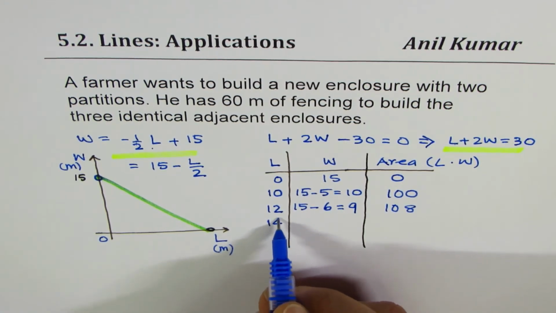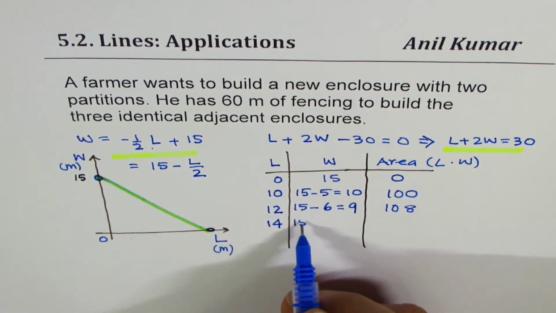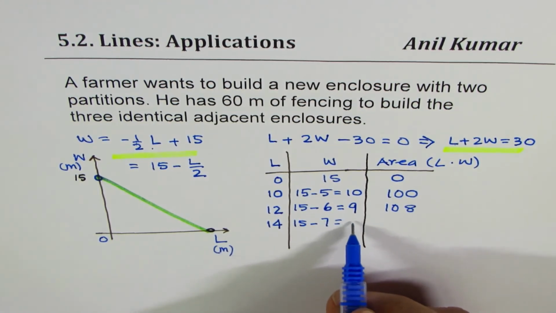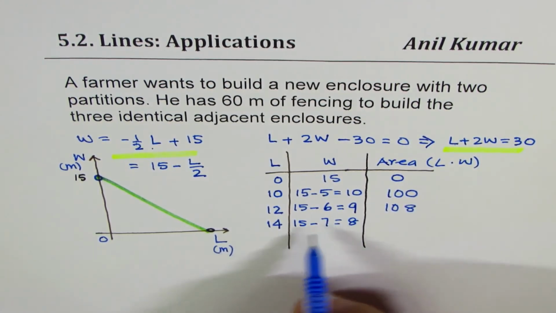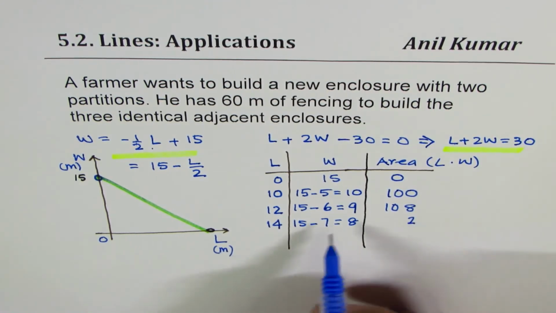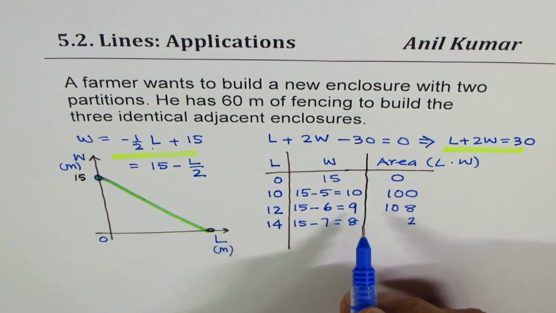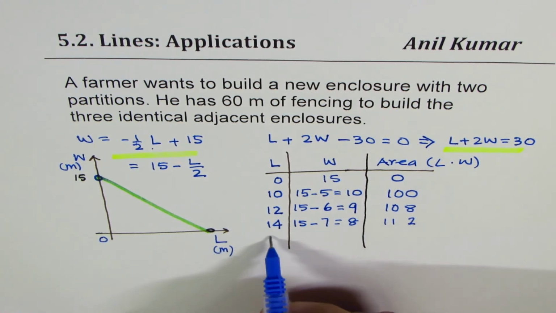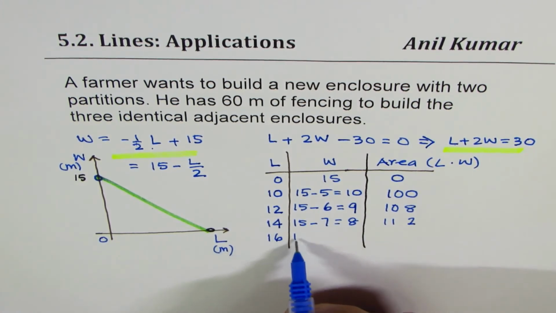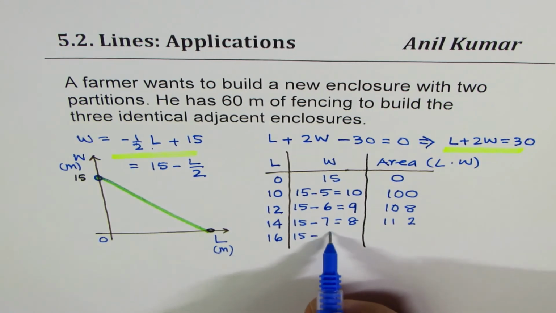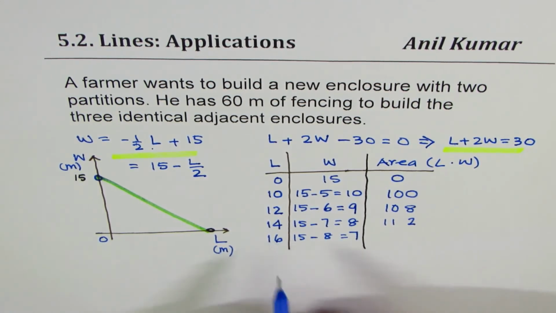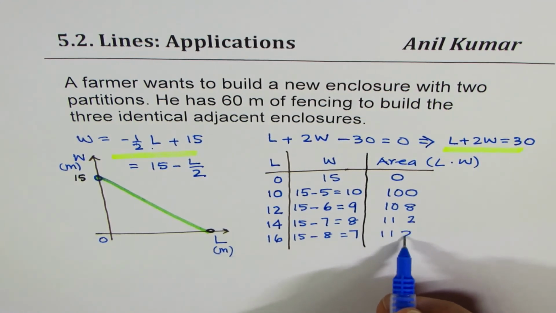If I increase the length to 14, I'll get the width as 15 minus 7, which is 8, and 8 times 14 is 112. The area increases, correct? If I take 16, it will be 15 minus 8, and I get 7 here. Multiplying 7 by 16, we again get 112.